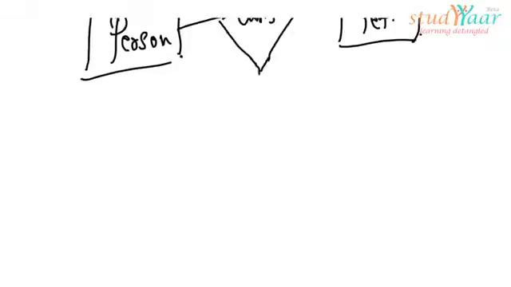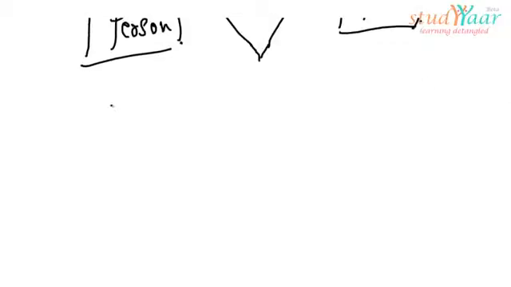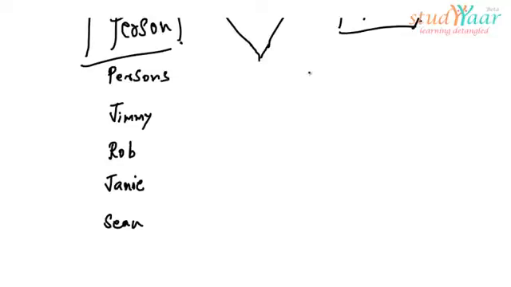Let's take this example only. Let's say we have Jimmy, we have Rob, we have Janie, we have Sean. Okay? These are persons. And we have some pets. Let's say we have Tom, which is a Persian cat.